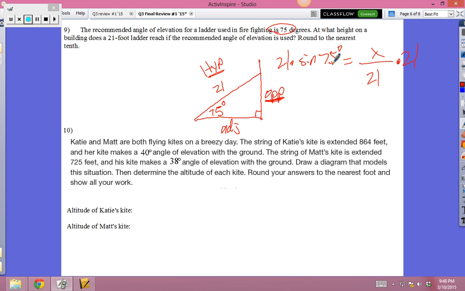So 21 times the sine of 75, and that is going to equal 20.3. So it's going to reach 20.3 up on the building.